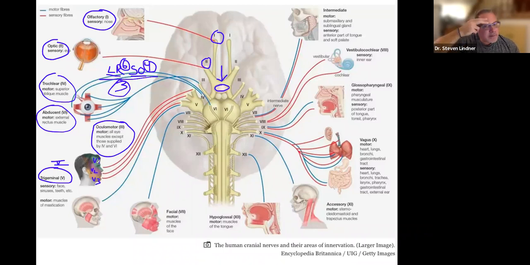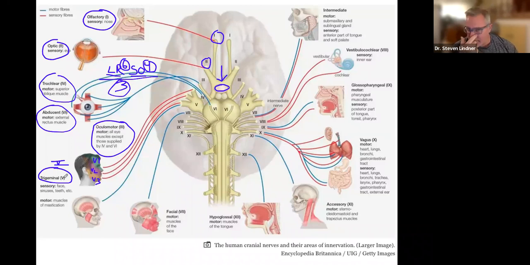V1 deals with the ophthalmic part of the face, and then V2 deals with the maxillary part of the face. And then V3 deals with the mandibular part of the face. And this is the cranial nerve that when you go to the dentist, they'll need to hit with Novocaine to numb half your face and half of your tongue goes numb. It's the trigeminal nerve that they want to numb so they can work on your teeth without you feeling it.